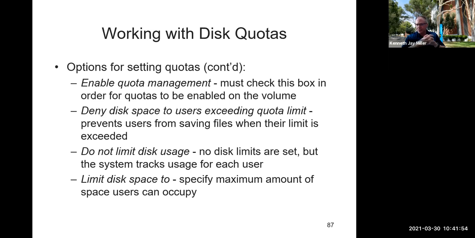After another 5 gigs, you'll be hard quoted. So the hard quota then blocks it, and they'll just get a permission error. Sorry, the drive is out of space. You do not have permission to write to this drive. Okay. We can enable quota management, but we have to check that box in order for quotas to be enabled.